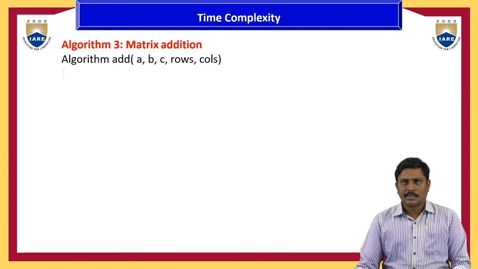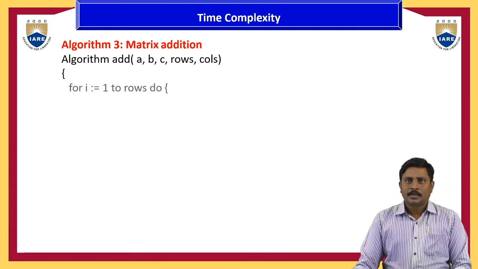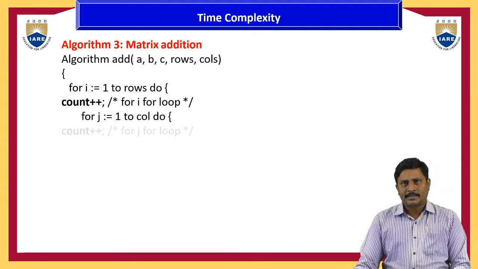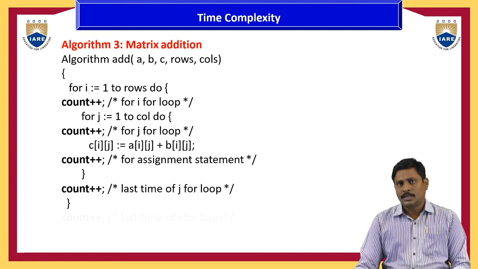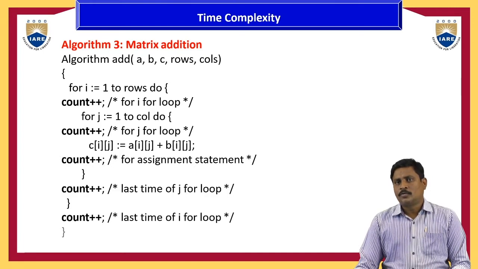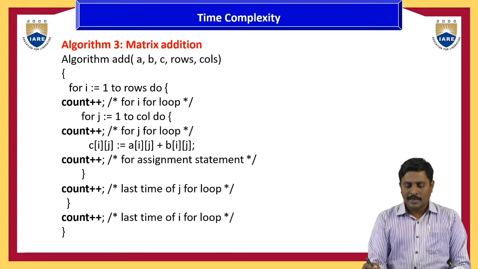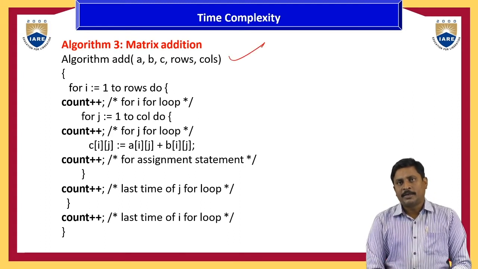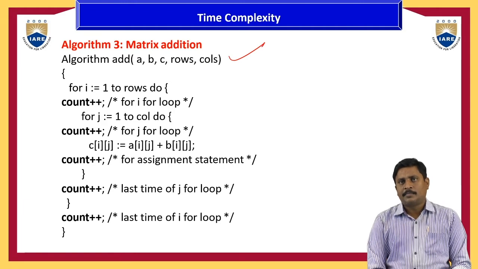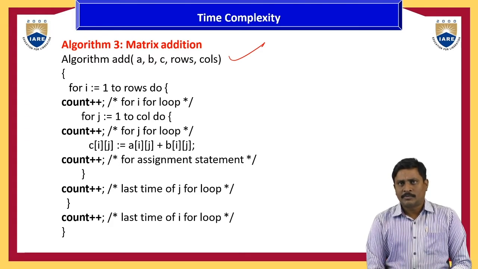Next, another algorithm, addition of two matrices. Now here we see how to find the time complexity of addition of two matrices. So Add(A, B, C). A is an array, B is another array, and C is an array used to add these two arrays and store that addition value in C. Rows, columns.